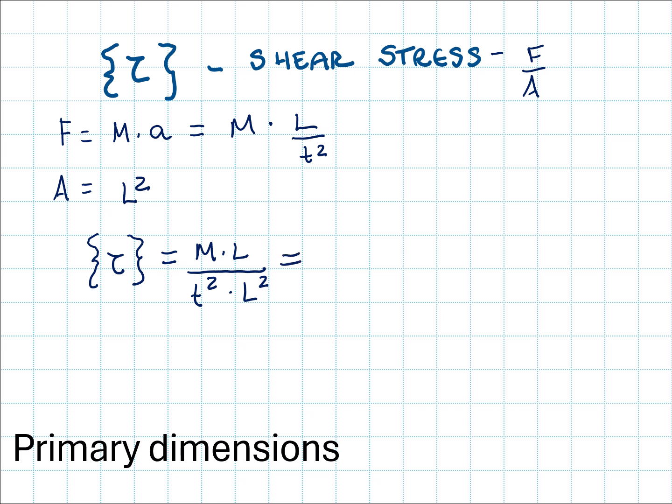I can simplify this a little bit by canceling out my length squared. And then I'm going to make one more slight modification, move everything onto one line. This is just going to help me later on if I try to do things like dimensional analysis or something like that. And so here, my primary dimensionality of shear stress is a mass to the power of 1, a time to the power of -2, and a length to the power of -1.